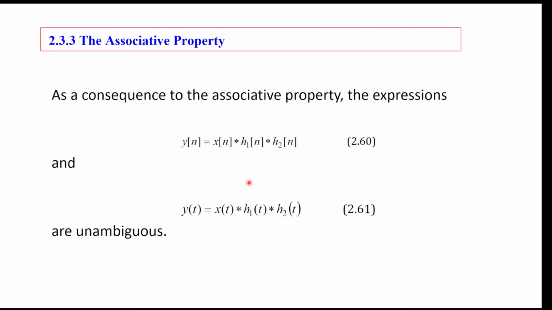And as a consequence of this property, we can write those expressions without any parentheses, and the meaning will not be ambiguous. So we can just write a string of convolutions, say x[n] convolved with h1[n] and convolved with h2[n], and the expression is unambiguous.